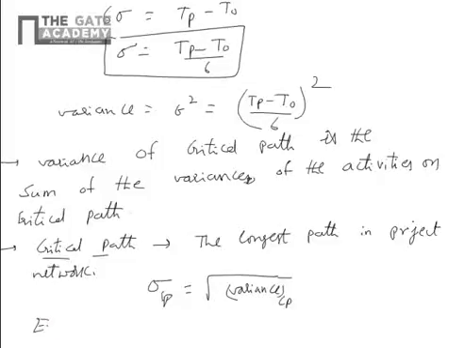Expected time T equals T optimistic plus 4 times T most likely plus T pessimistic, by 6.